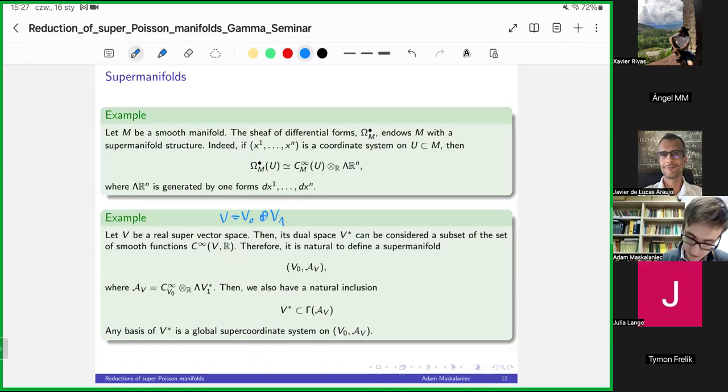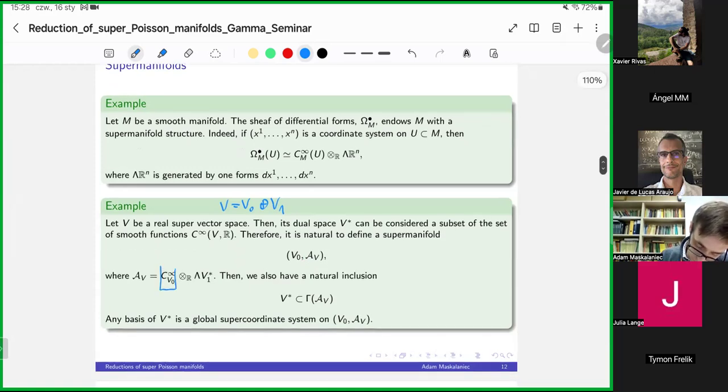Naturally, we may see that V star can be considered as a subset of the set of smooth functions on V. So it is natural to define a supermanifold whose topological space is V_0 and A_V is a sheaf of superfunctions such that A_V is equal to the sheaf of smooth functions on V_0 tensored with the exterior algebra of V_1.